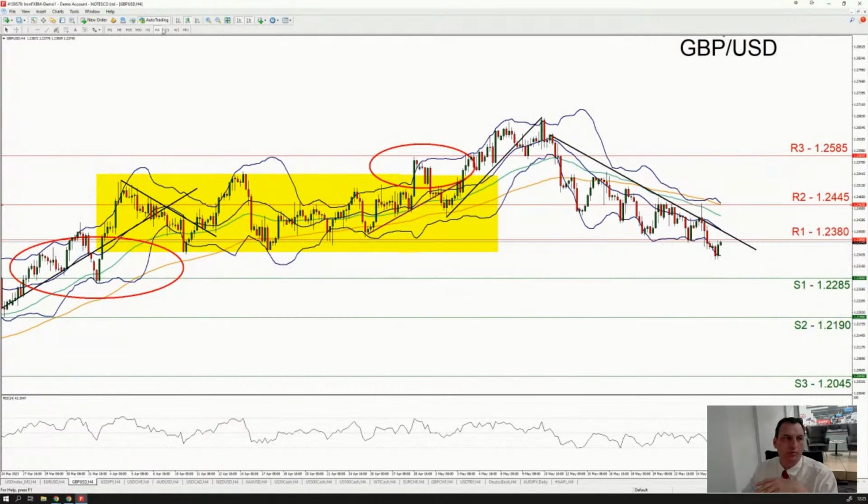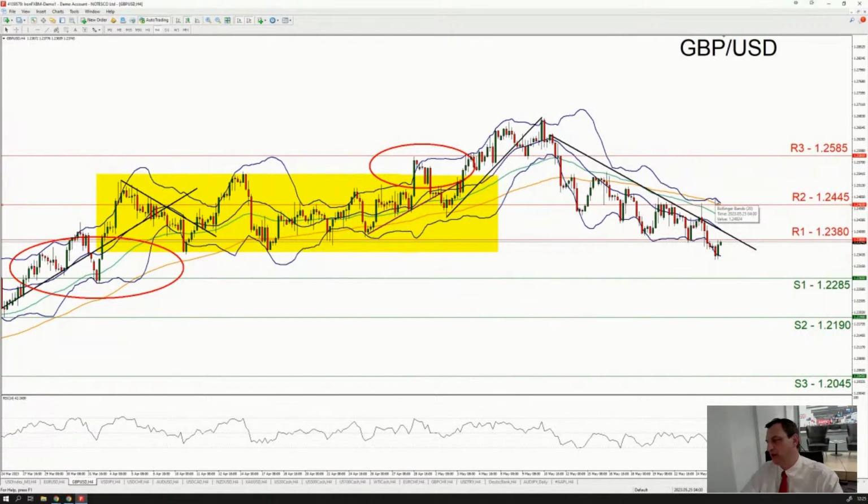On the other hand, I would be noting also that we have all three major moving averages, the 20, the 50, and the 100, in blue, green, and orange respectively, pointing downwards in a clear inclination downward, which more or less tends to highlight the bearish movement.